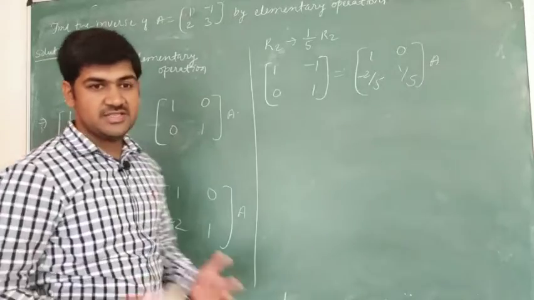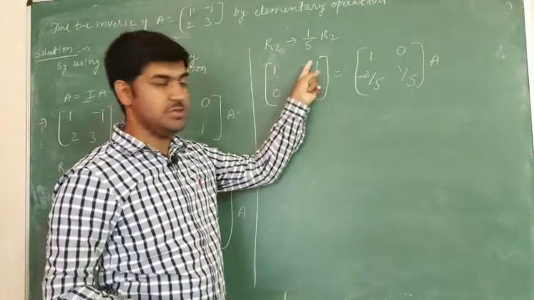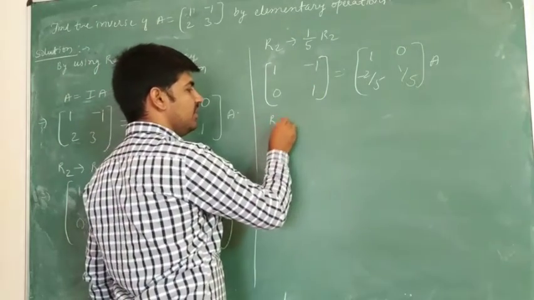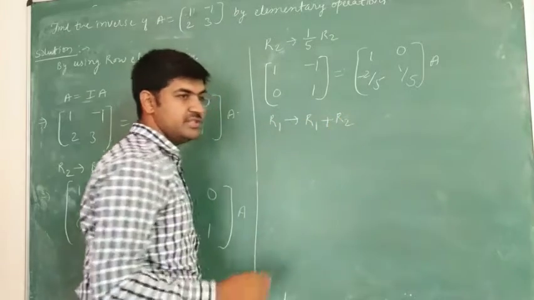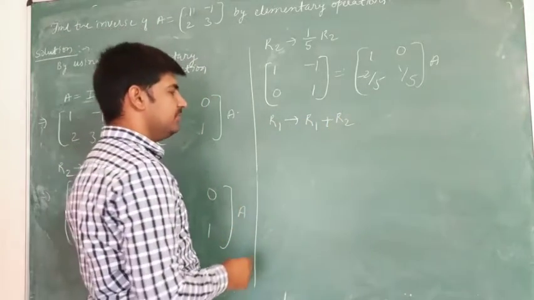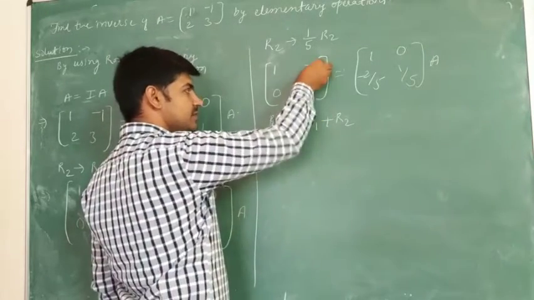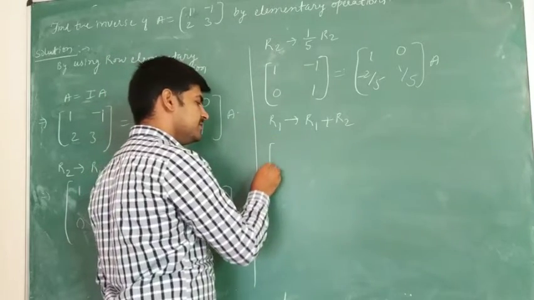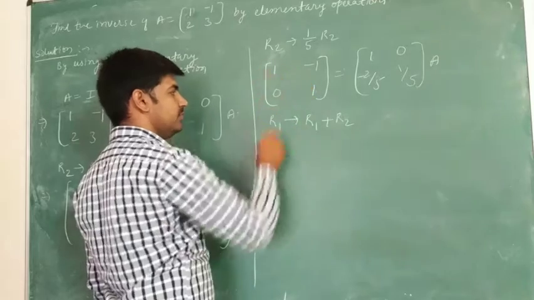Now what is stopping us from making this an identity matrix? This must be 0. So to make this 0, if I add R1 plus R2, okay, the third elementary operation or row elementary operation or transformation I am using. Because when I add this to this one, I will get this as 0, so it will become an identity matrix. Dear students, now what I get is R1 plus R2.